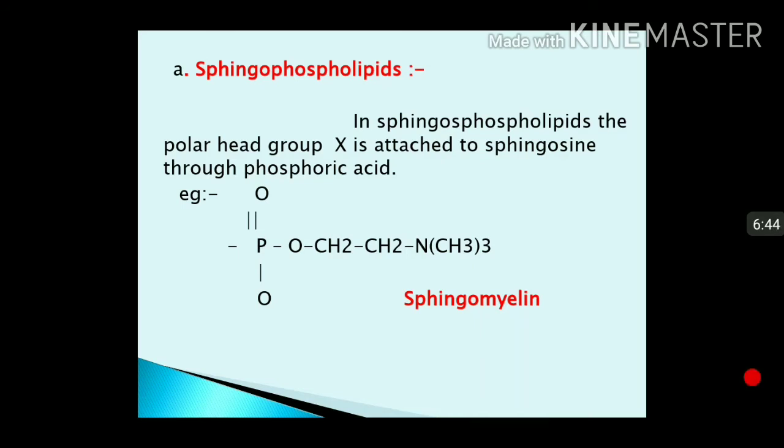So this is the structure of sphingomyelin. The X here is CH2CH2N(CH3)3, which is joined to phosphoric acid, and this phosphoric acid is joined to sphingosine at third carbon.